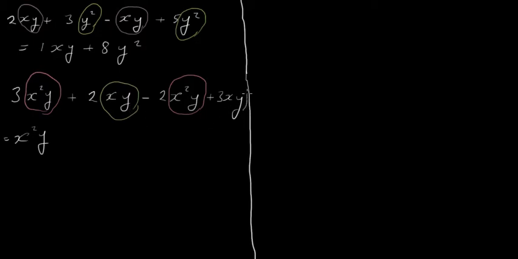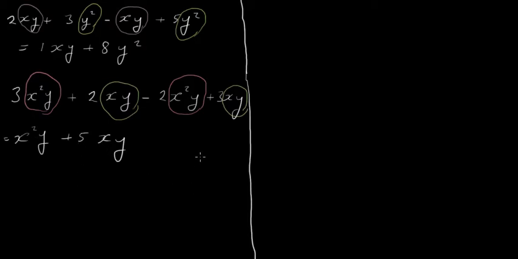We have an xy here at the end. So we can add these two. So we look at those two, and we have plus 2 of them, and then we have plus 3 of them. So that gives us plus 5 of these xy's. And that's it. We have an x squared y here, we have an xy here. These are two completely different things. We can't add them together. So this is our answer.